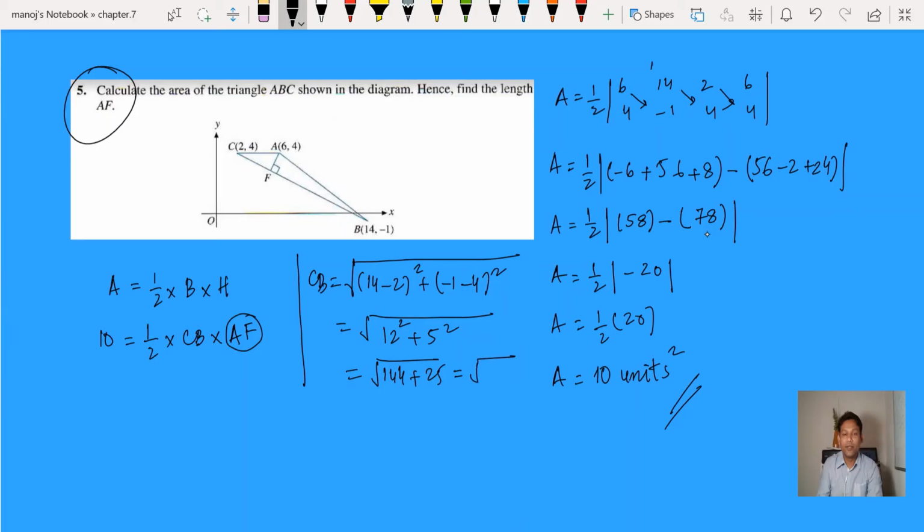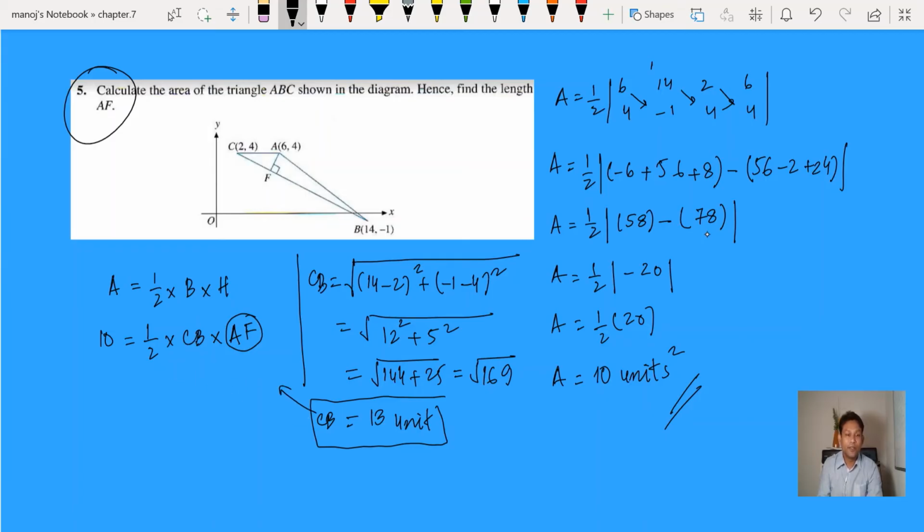Altogether it's coming 169. The root of 169 is 13 units. So CB is coming 13. Now I am putting the value here.